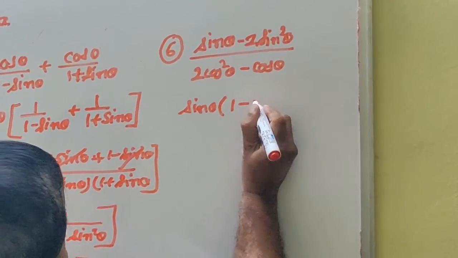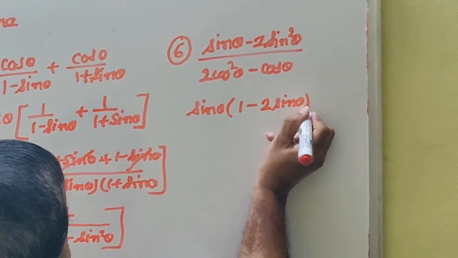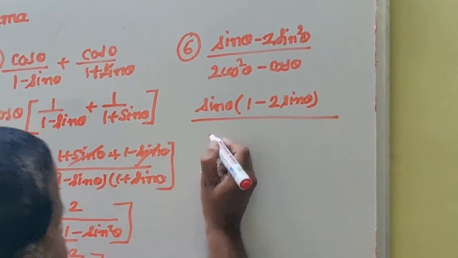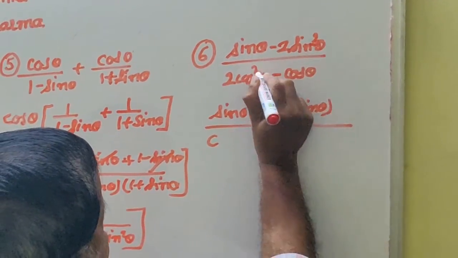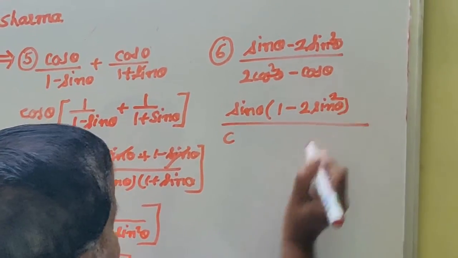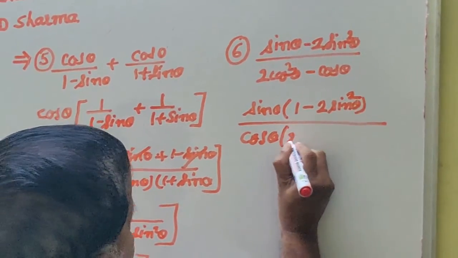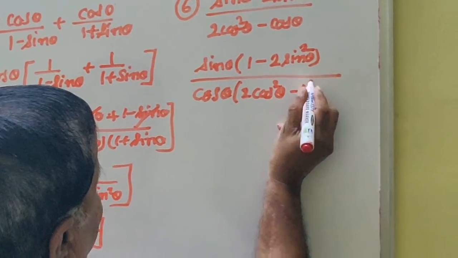What will remain? 1 minus 2 sin square theta. Now from the denominator I can take out cos theta common, since cos cube is given. What will remain here? Square will remain. So what will come here? 2 cos square theta minus 1.